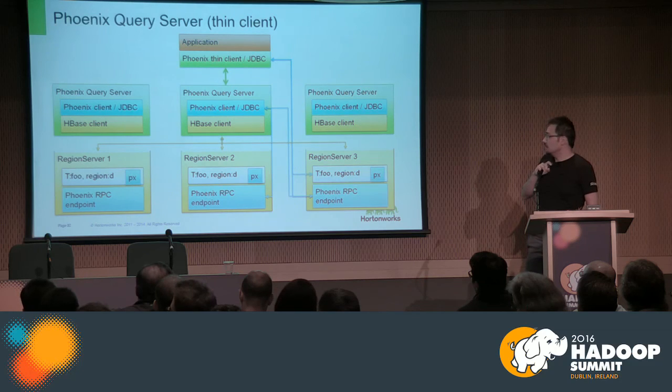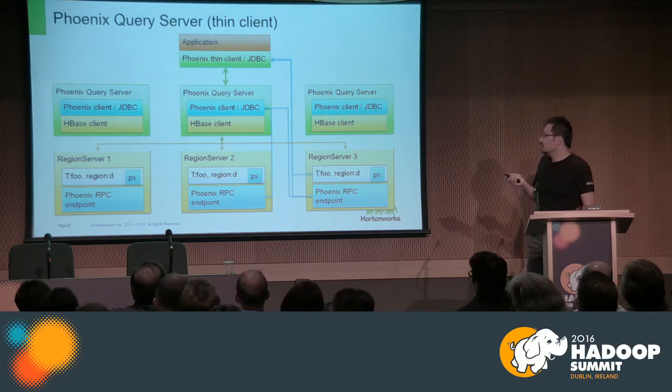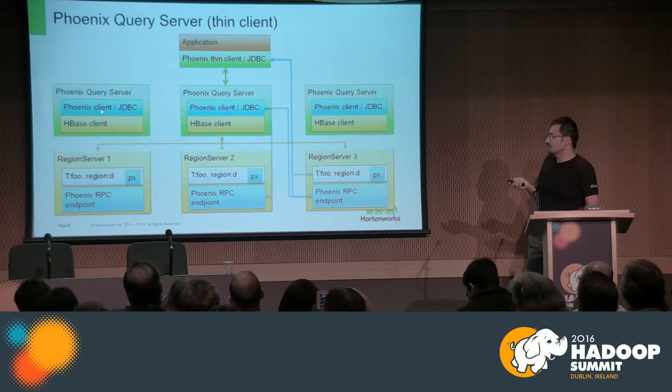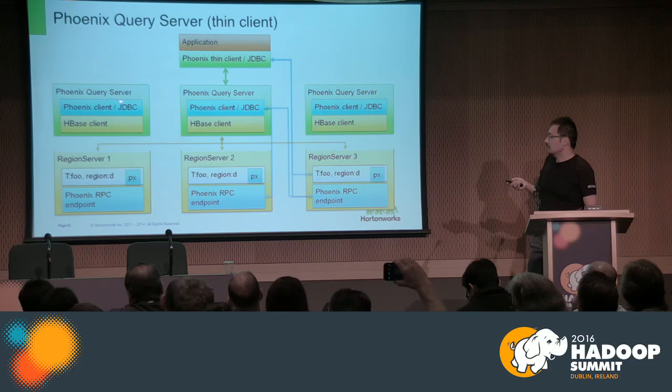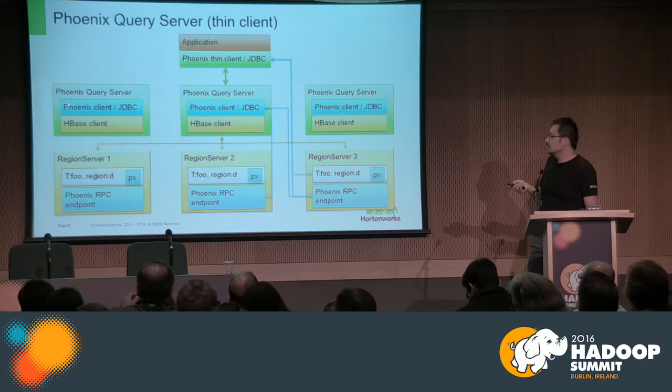So the Phoenix Query Server fits perfectly, because you can deploy as many Phoenix Query Servers as you want. The regular Phoenix client, shown in blue here, is embedded within the query server.